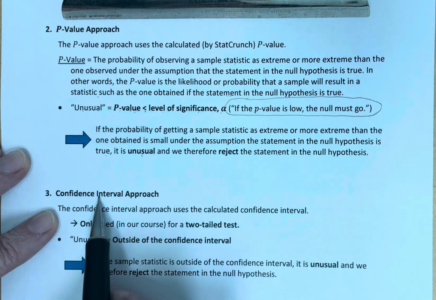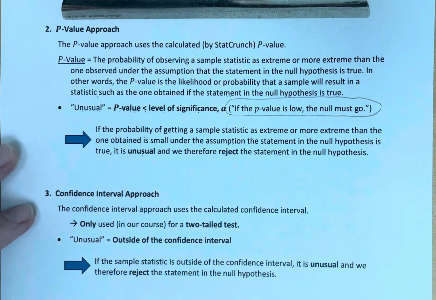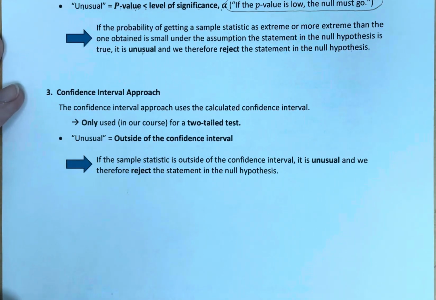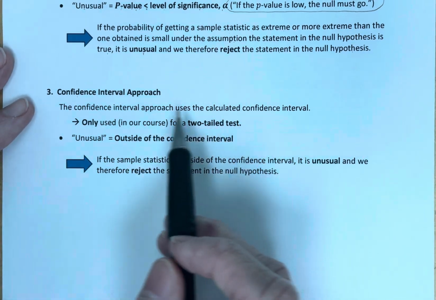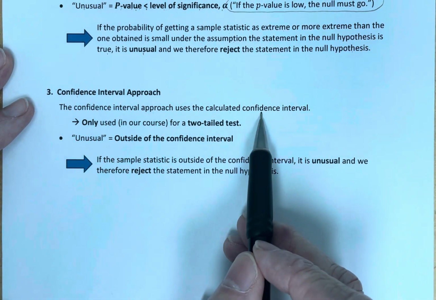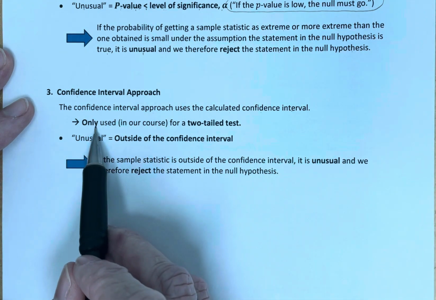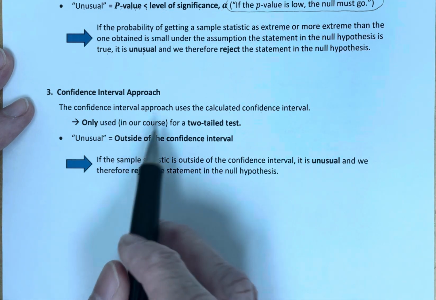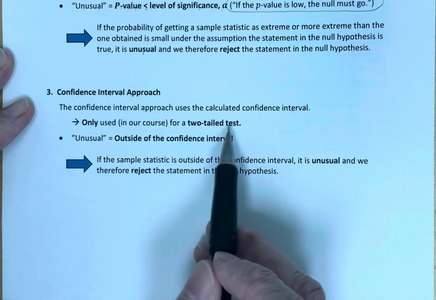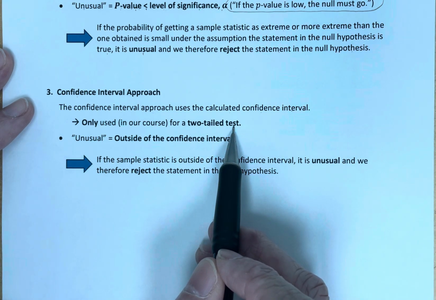Our last method for testing hypotheses is the confidence interval approach. We're going to use the calculated confidence interval. We're going to use StatCrunch for that. And we're only going to use this approach when we're dealing with a two-tailed test, or two-sided test.